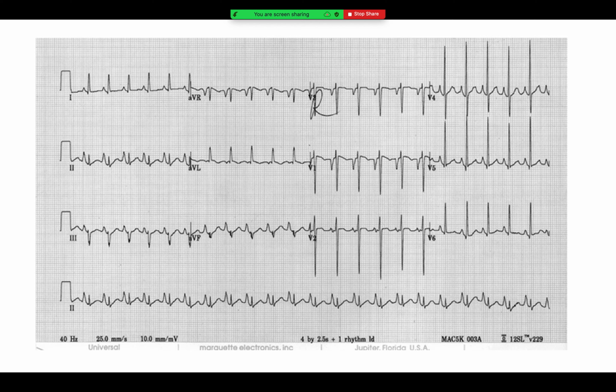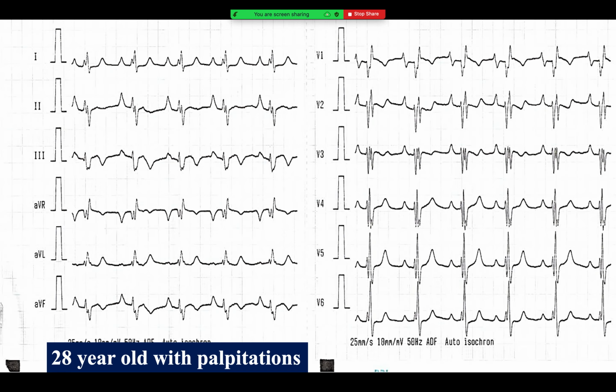Here, definitely, right atrial enlargement is quite a lot pronounced, I would say. Quite a lot pronounced, especially if you notice. So, this is the same case of tricuspid atresia, but in another patient, a grown up young boy with palpitation.